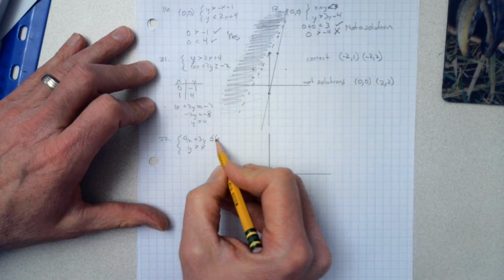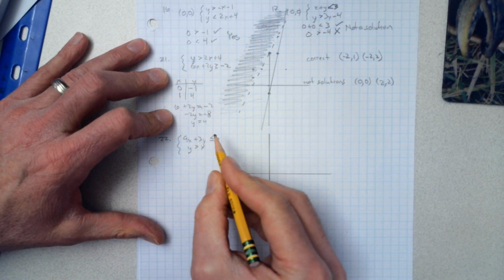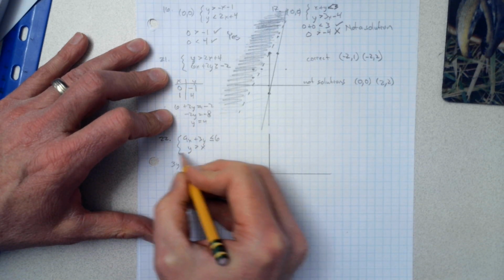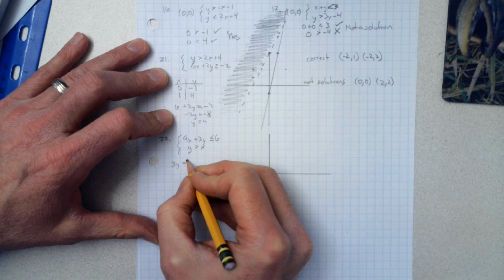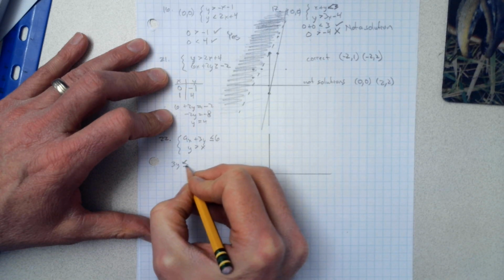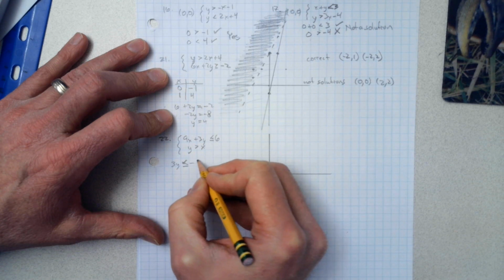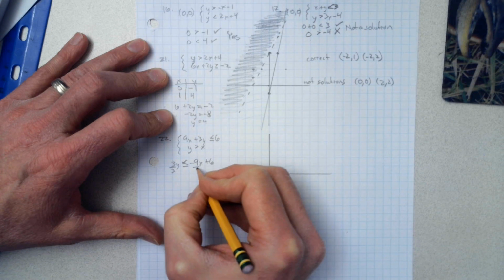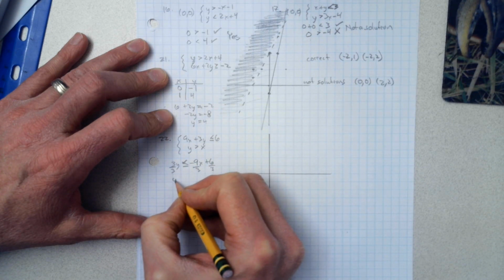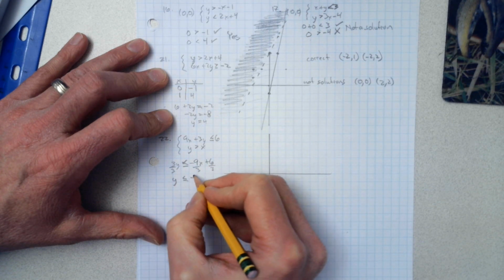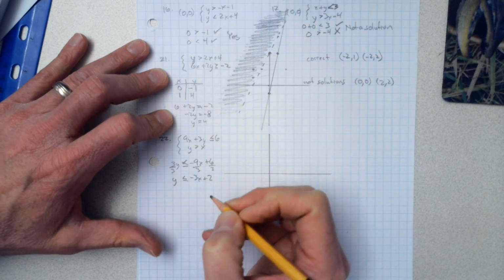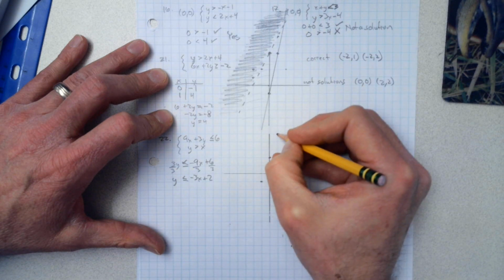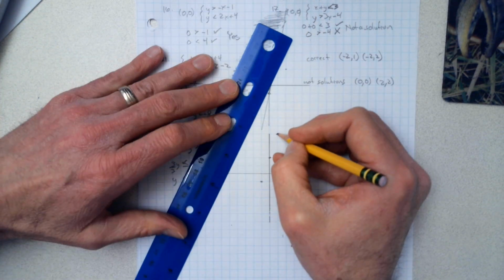Okay, 9x plus 3y is less than or equal to 6. I think I'm going to try to put that into slope-intercept form. Subtract a 9x from both sides. I'm going to get 3y is less than or equal to negative 9x plus 6. And then I will just divide everything by 3 and get y is less than or equal to negative 3x plus 2. So that's a y-intercept of 2, slope of negative 3, solid line.